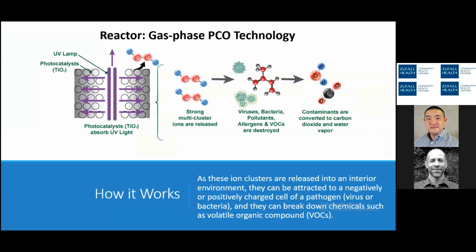So here, this diagram shows these multi-clustered ions will seek out contaminants. When they interact with the contaminants, they break them down, creating carbon dioxide and water. And this is a very rapid process as they move not only with the airflow, but through diffusion mechanisms as well.